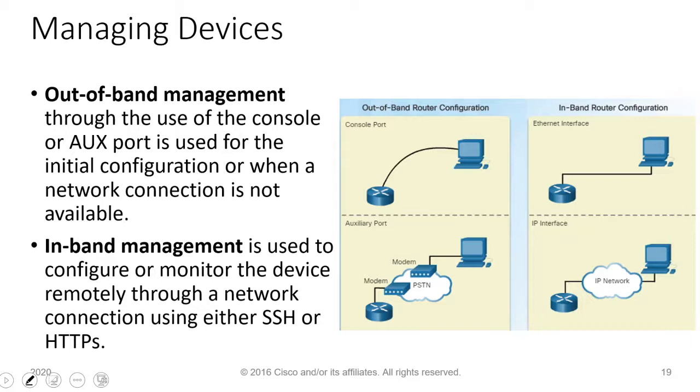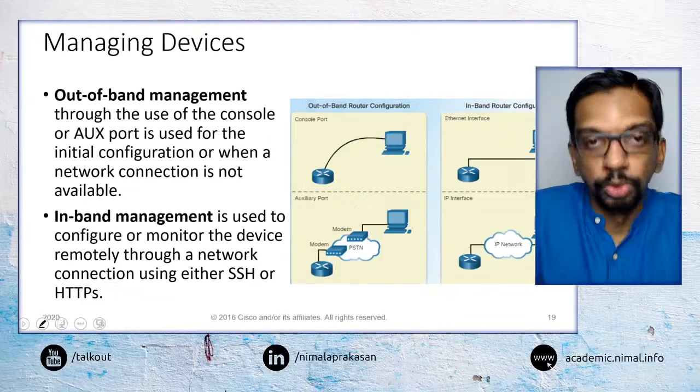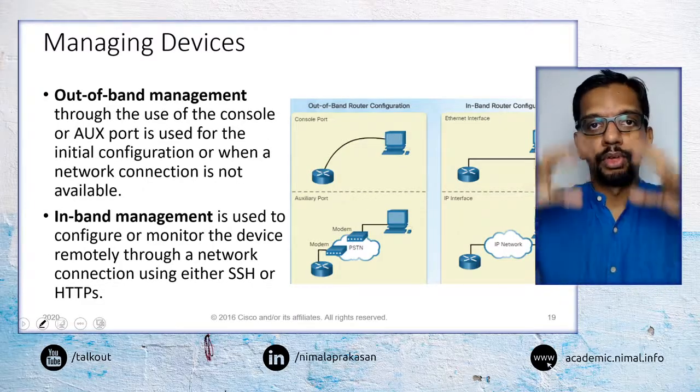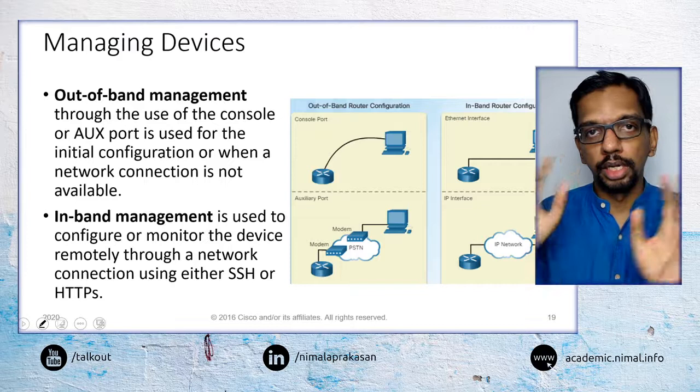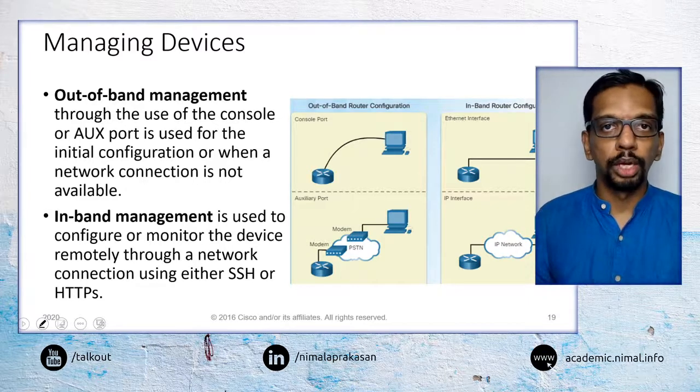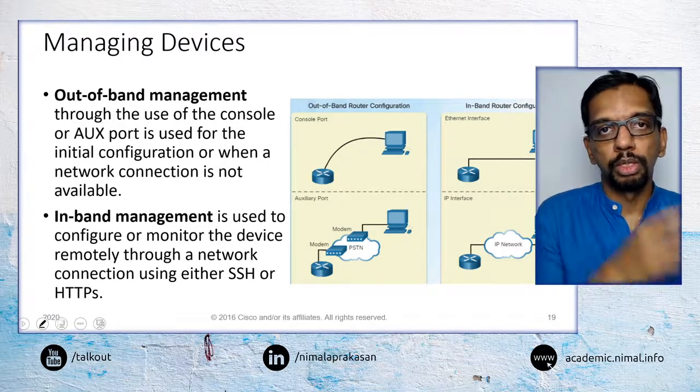Then one of the other things that we may have to think about when we are thinking about large scale networks is how we are going to manage these devices. When we think about a large scale network with this hierarchical model, redundancy and so on, we are going to end up with not just a few routers or a few switches.